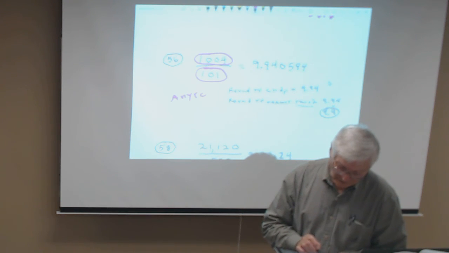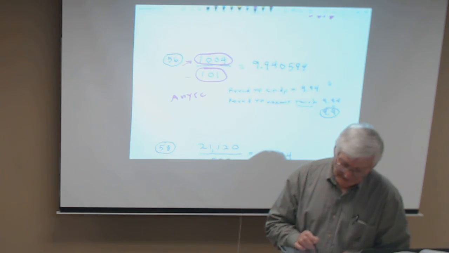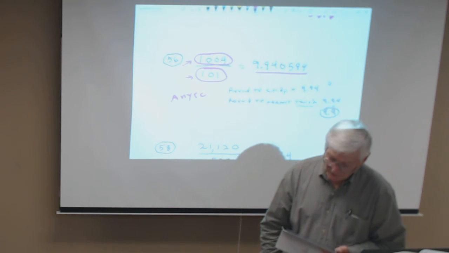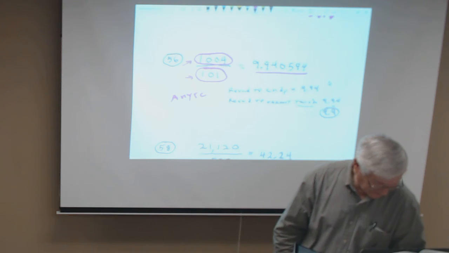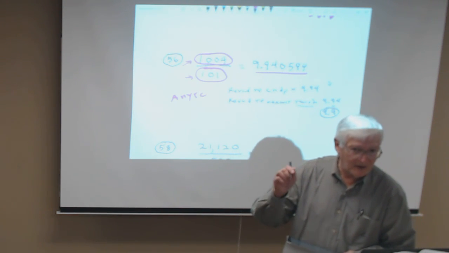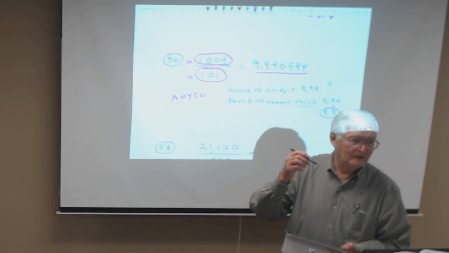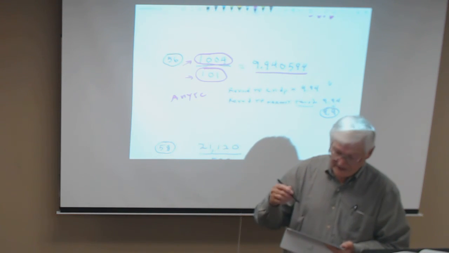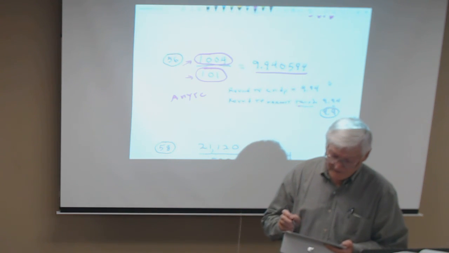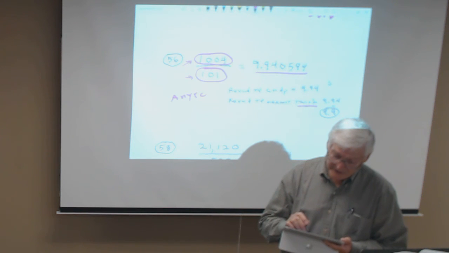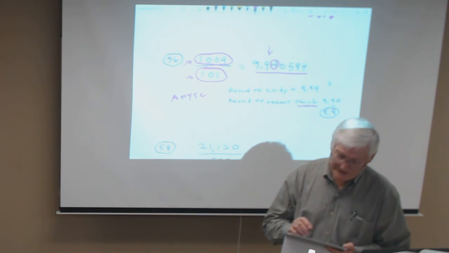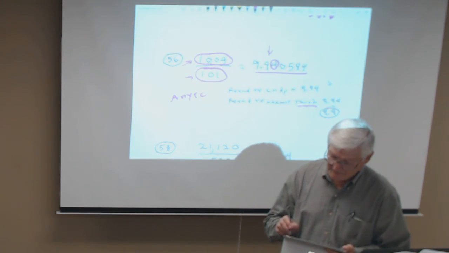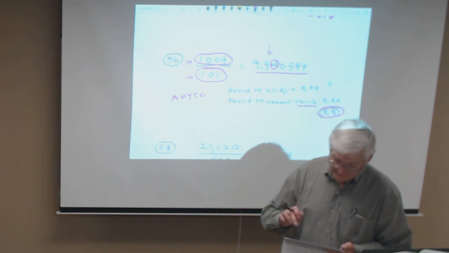So I divide the total by the number of carries, and I get 9.940594. And what do they want me to do with it? Give the answer to the nearest tenth of a yard. See, sometimes they say to the correct number of significant digits, and other times they say to the nearest tenth. So tenth would be right here. So what's the answer? I circle the 4 and say, do I leave it 9 or add 1 to it? I leave it 9. Okay?